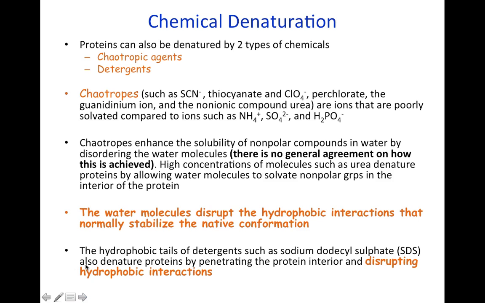Last but not least, the hydrophobic tails of detergents such as sodium dodecyl sulfate, or widely known as SDS, will also denature proteins, in a similar way to the chaotropes, in that the detergents will disrupt the hydrophobic interactions.